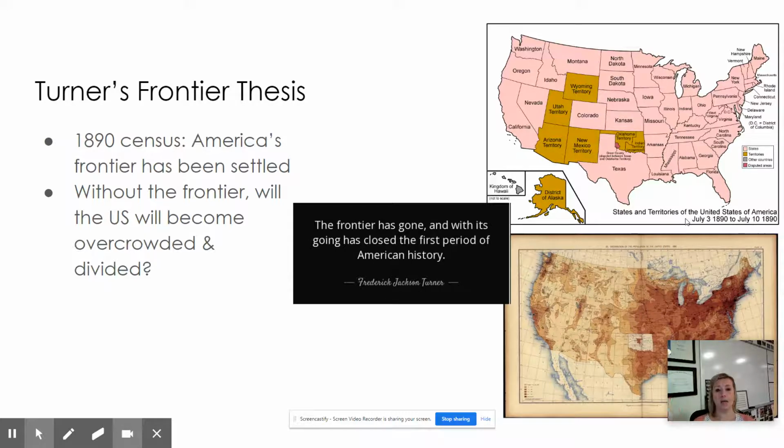Oh my gosh, will we be crowded? Will all of America look like the big cities? And that creates a little bit of a panic, or a sense of, maybe the country needs to consider expanding outside the borders of what you know as the United States.